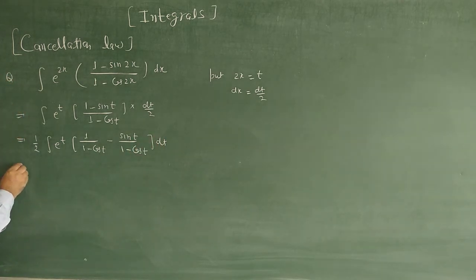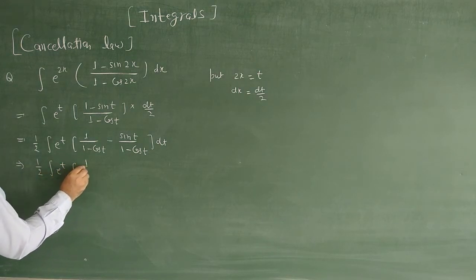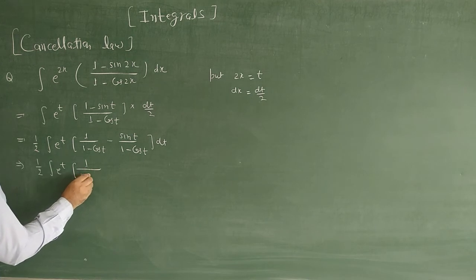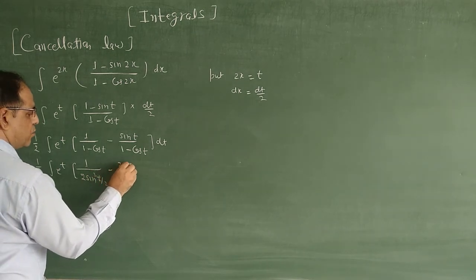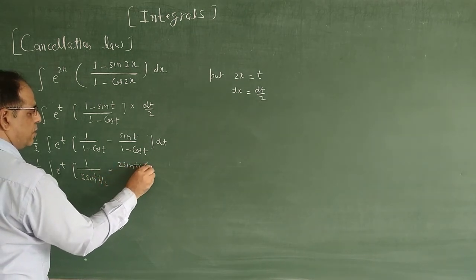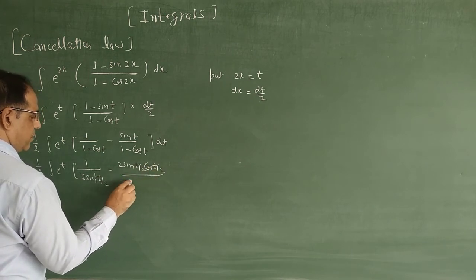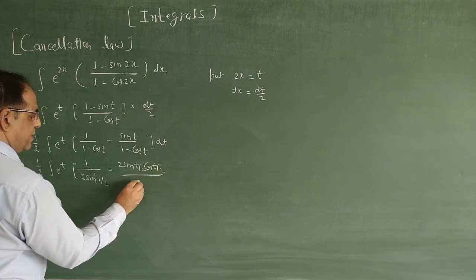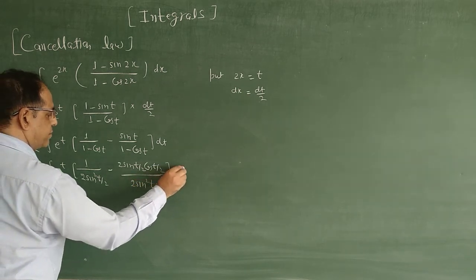Separate the denominator with both the functions of the numerator. 1 minus cos t can be written as 2 sin square t by 2, and sin t can be written as 2 sin t by 2 cos t by 2, upon 1 minus cos t, which is 2 sin square t by 2, dt.